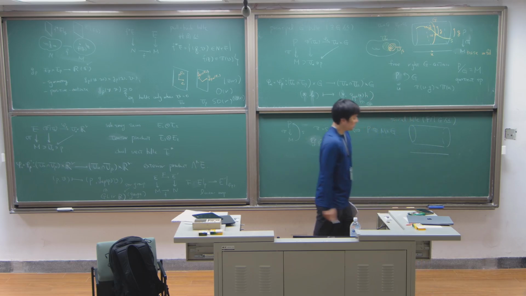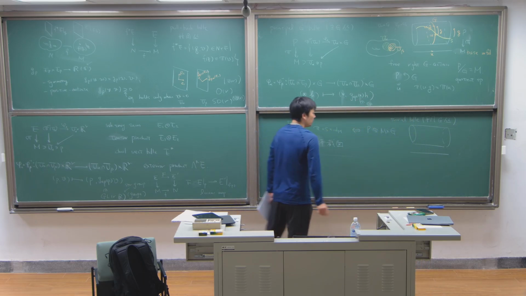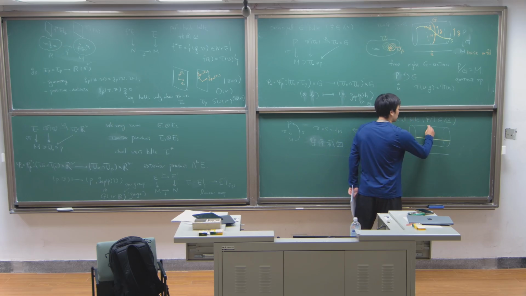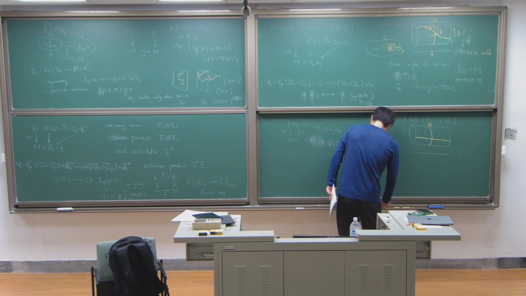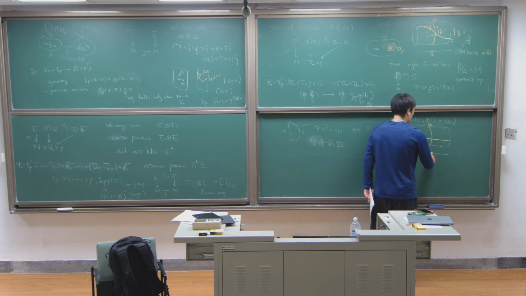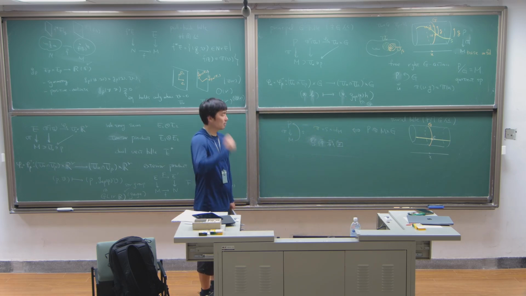Always you can have the global section at the identity element E. So this is G, and at each point X, you assign the identity element.